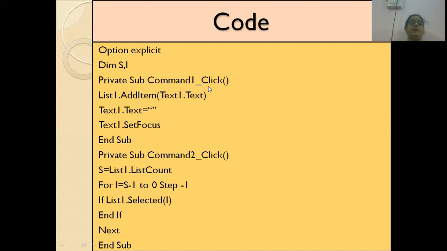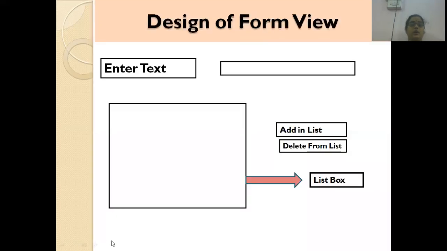One command button is used to add the item in the list box from the text box, and another is used to remove the item with the help of this for and next control structure. So this is the code for the execution of the application. Here I have entered the text.